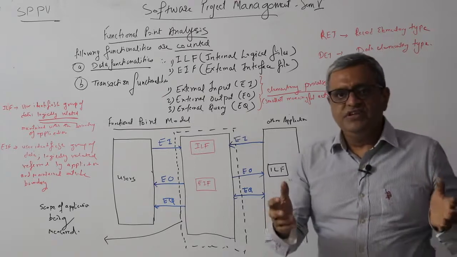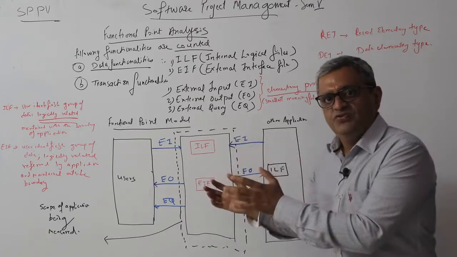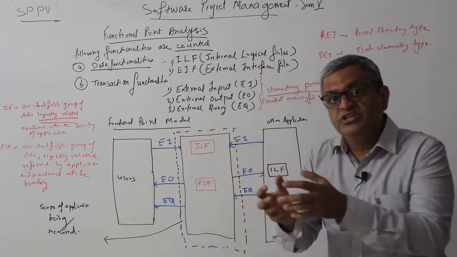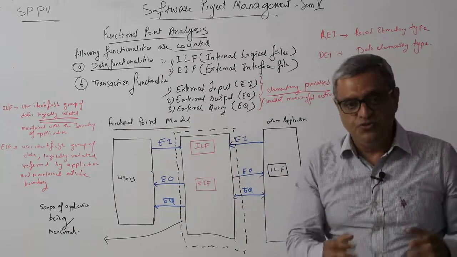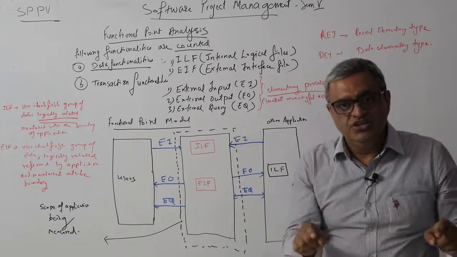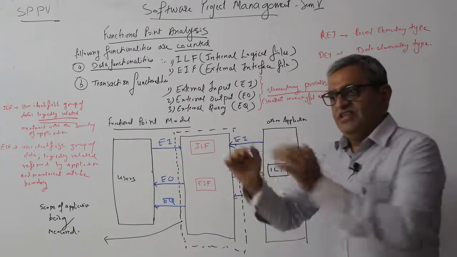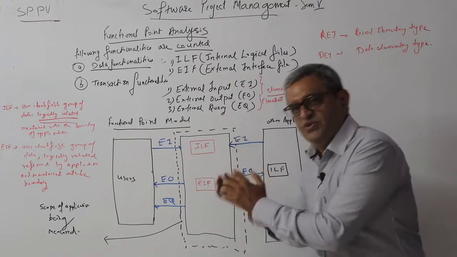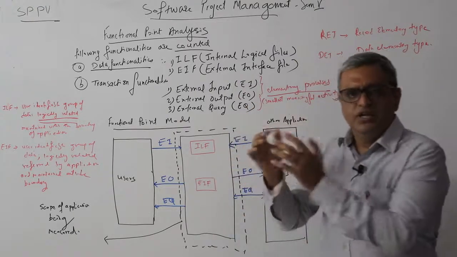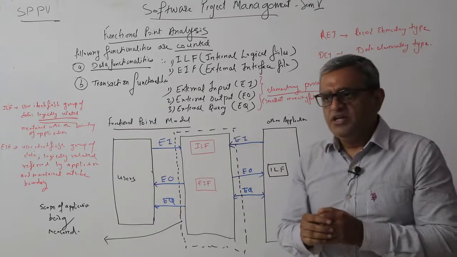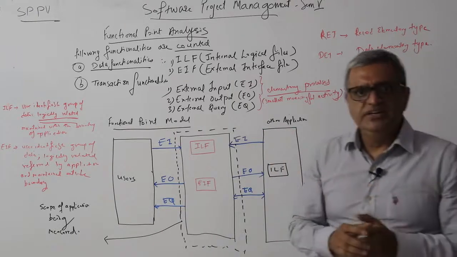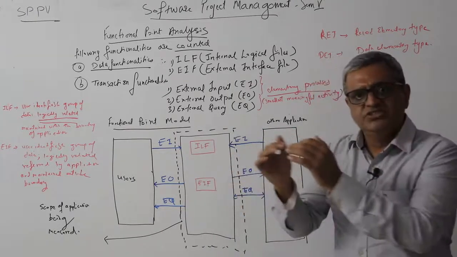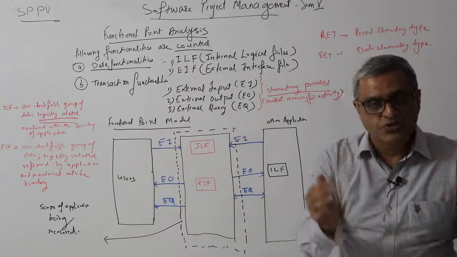EIF. For example, a financial related software sends financial data to the payroll software. The payroll is your scope, whereas salary related or whatever related data that is required comes externally. Some deductions, or income tax related deductions, probably come externally into the payroll system.